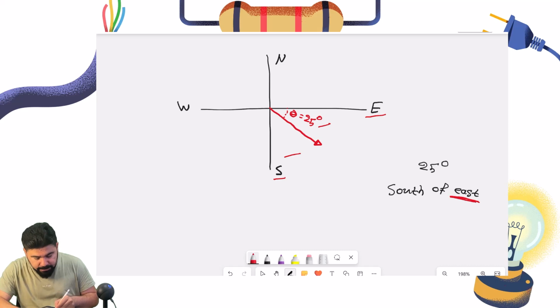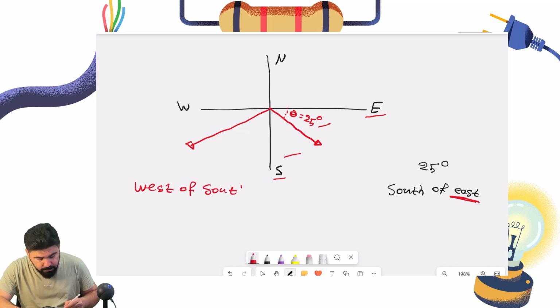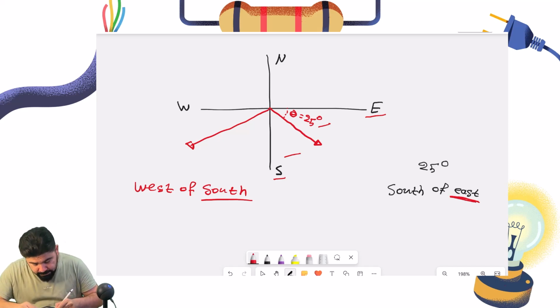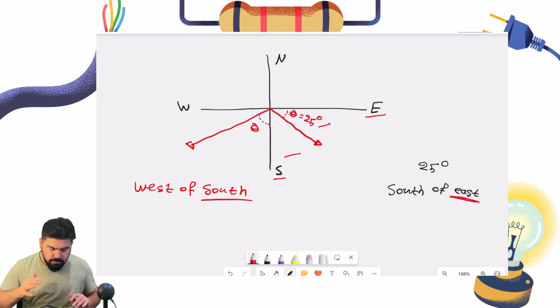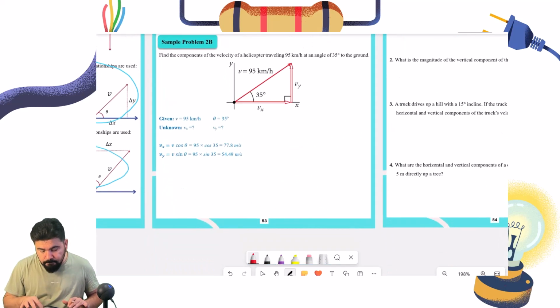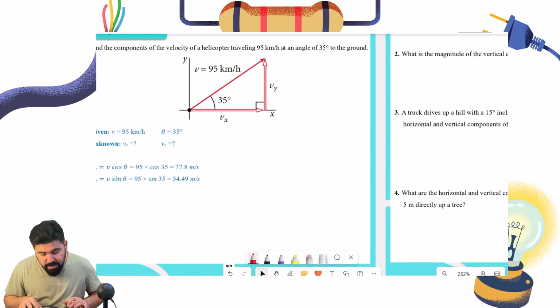Let's take another example, let's say it says west of south. Which one is mentioned secondly? It is south, so this is going to be the angle. Okay, so you get the whole idea.